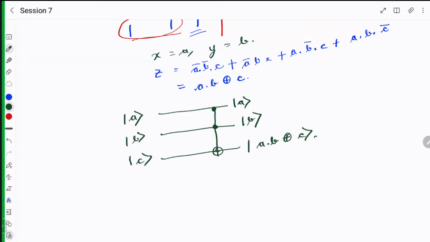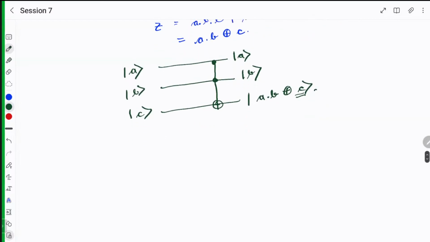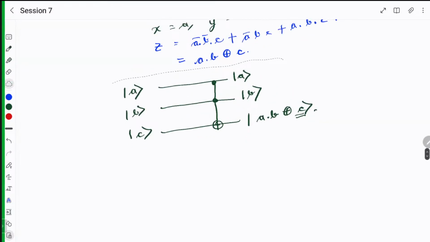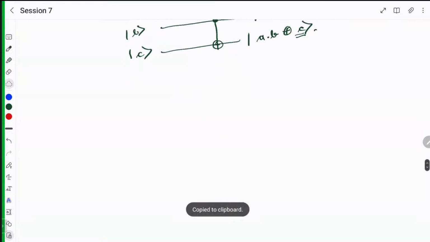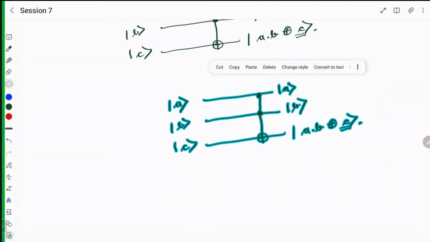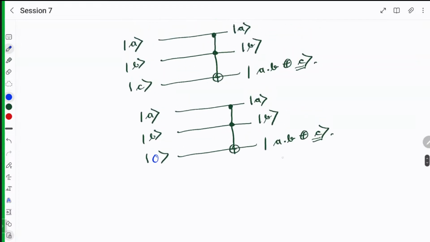Now we want a circuit which will give me A and B only. So what I will do is just put C equal to 0. In this circuit, if we put 0 instead of C, then this will be (A and B) XOR 0.